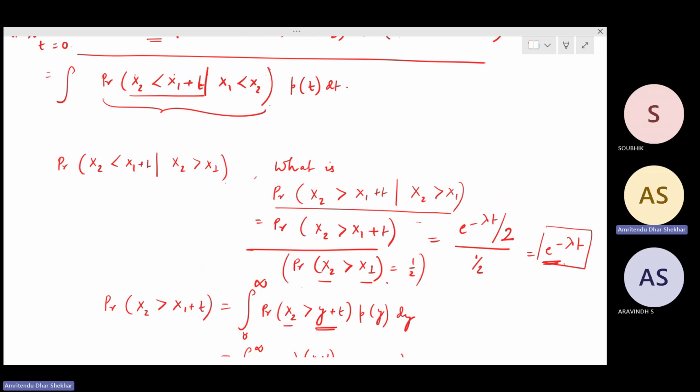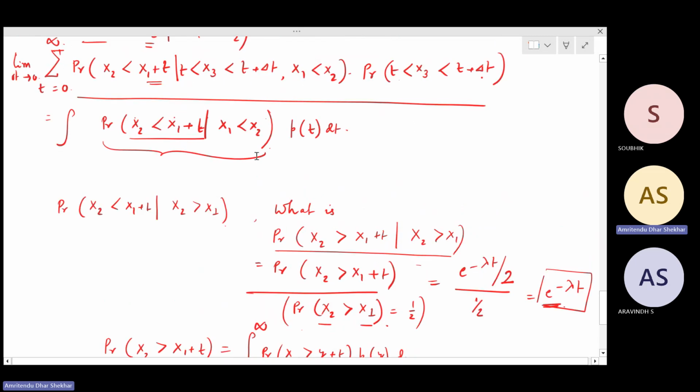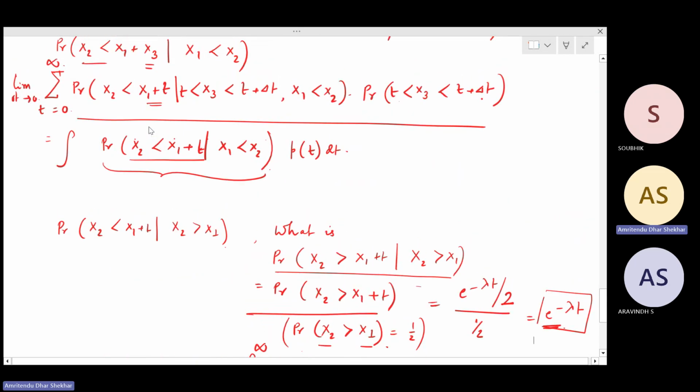So now we are going to use it back in this formula. What was this formula?